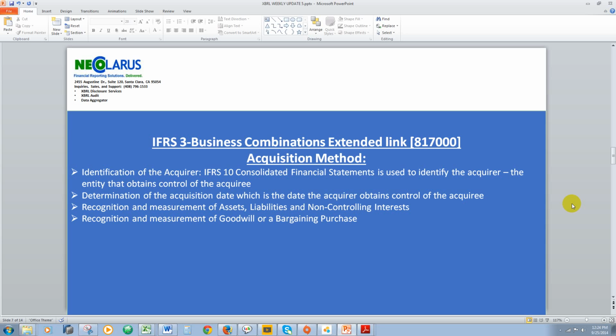The next step is to determine the acquisition date, which is the date the acquirer obtains control of the acquiree. The third step is the recognition and measurement of assets, liabilities, and non-controlling interests. And the fourth step is the recognition and measurement of goodwill or a bargain purchase, which we are going to look at in the next slide.